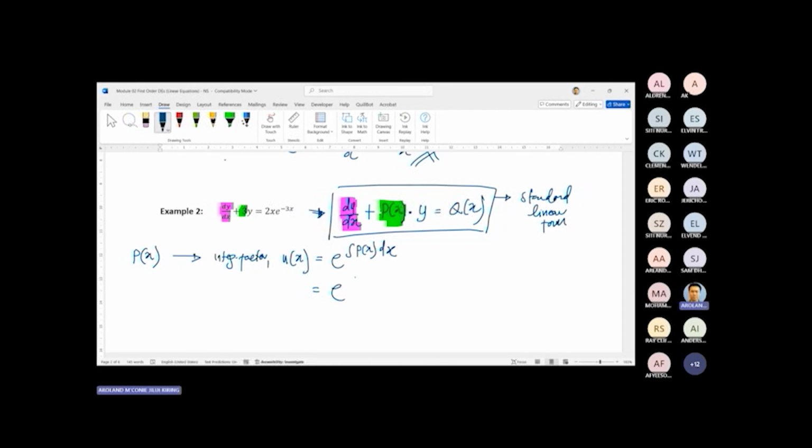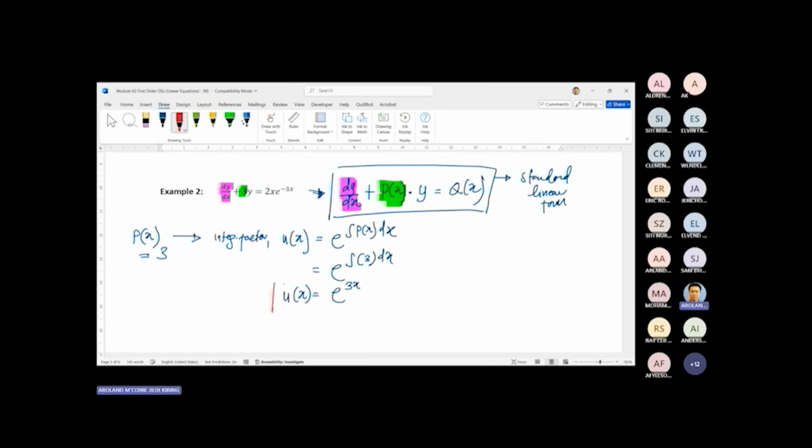So p(x) is 3, so we put 3 dx. If you integrate 3, you get 3x, because 3 is a constant, you put it outside of the integration. If you integrate 1, you get x. So you will get exponent 3x. Here we exclude the constants. So this is your u(x).